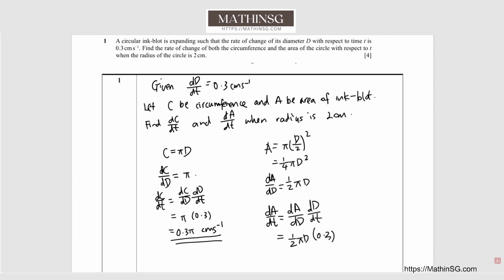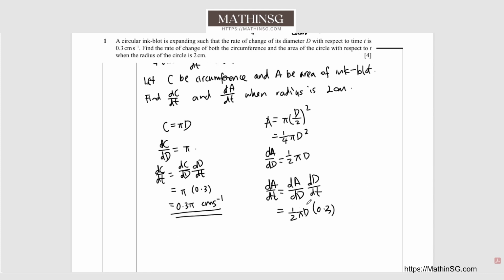Okay, and they gave us that the radius is 2 cm, right? If they give us the radius is 2 cm, this means that we cannot leave our answer in terms of D. We need to substitute in the value, because we are interested in the rate of change when the radius is 2 cm, or in other words, when the diameter is 4 cm.